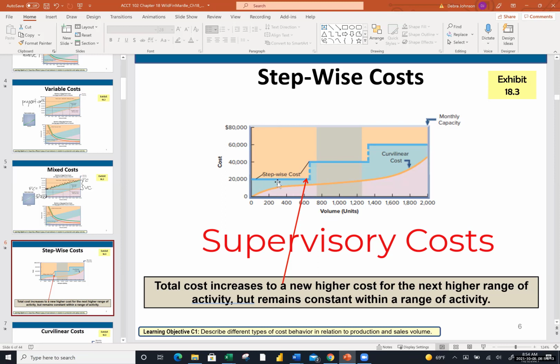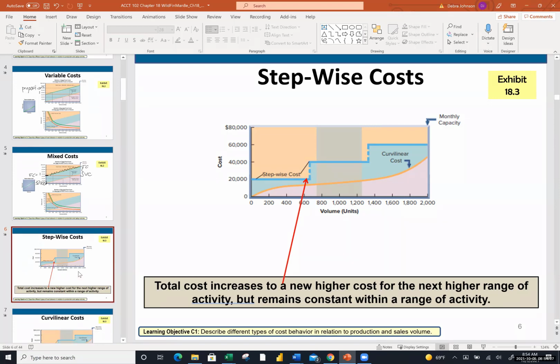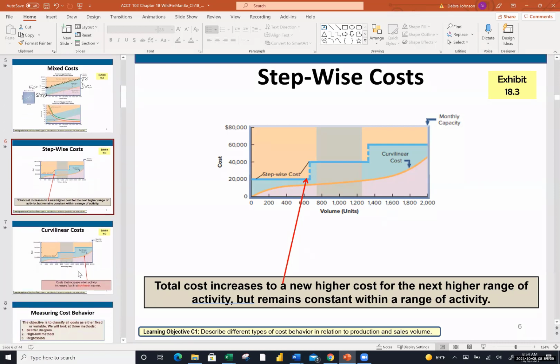So with stair step, they remain flat over a particular range, but then eventually you get to the point where you need another supervisor or another shift of people. That's a stepwise cost. And I do remember there being a couple multiple choice questions on cost behavior from a graphical perspective. So we're spending a little bit of time going over this, but the book does a very good job on the graphs and explaining it.